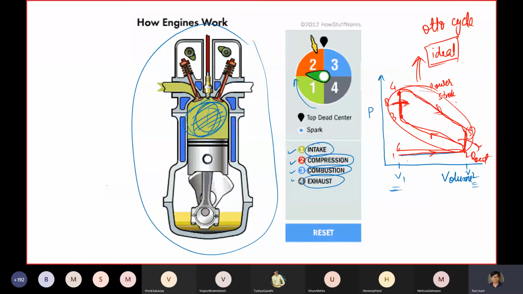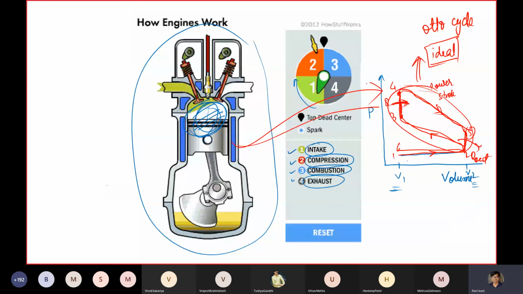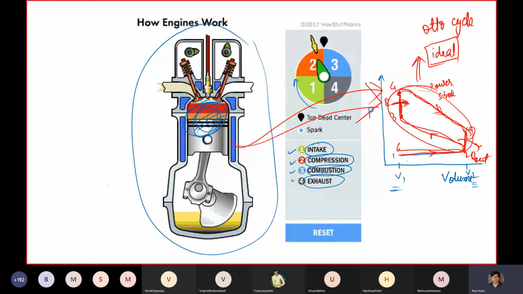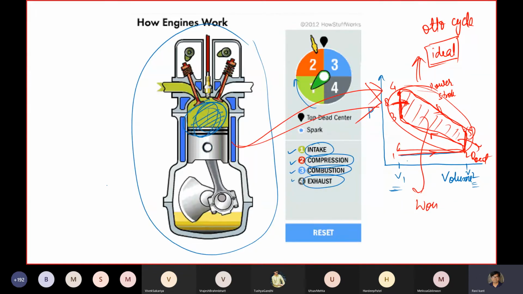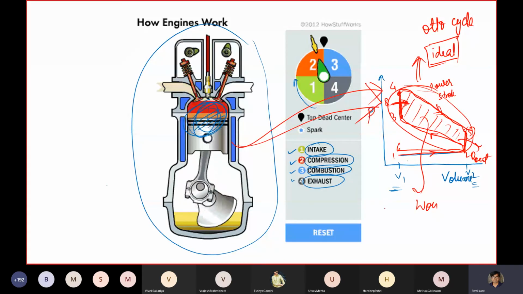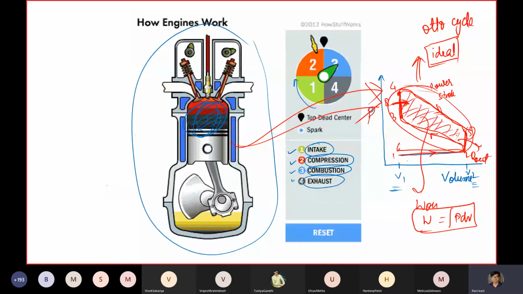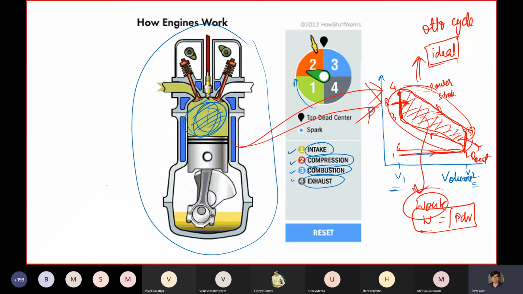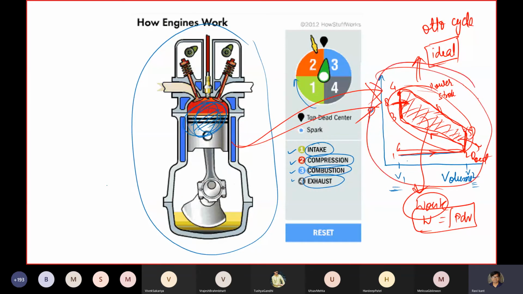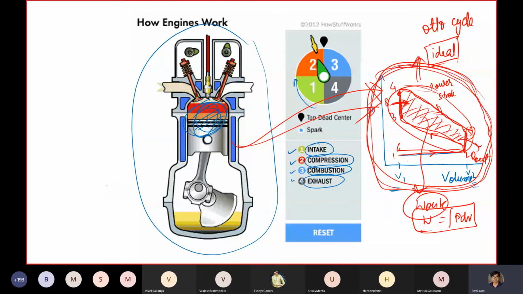The reason we promote these sorts of graphs is that just by looking at the graph you can get all sorts of information, such as your work output. Usually the integration of P dV on a PV diagram will give you work out, and just by looking at the plot you can get a feel for what power output your engine will have in one shot. That is why these graphs are important to understand qualitatively.